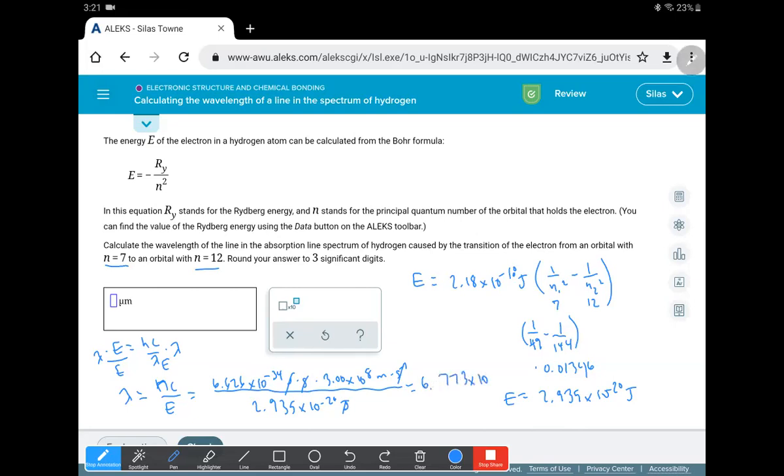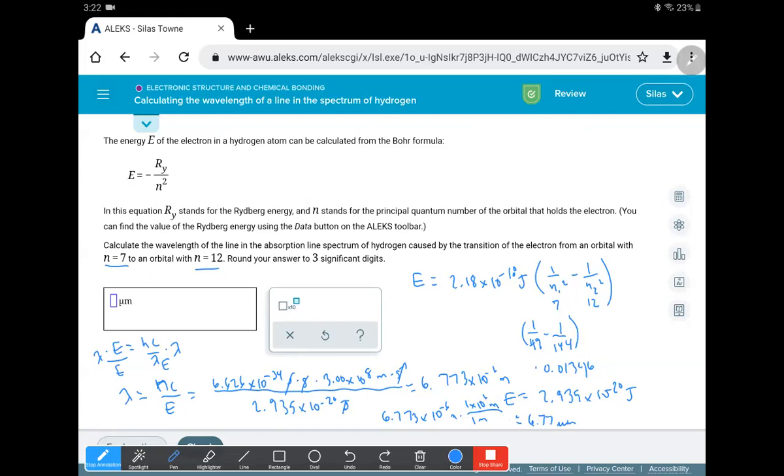6.773 times 10 to the minus 6 meters. Now a micrometer is 1 times 10 to the minus 6 meters, so I'm going to multiply that by 1 EE 6, and I get 6.77 microns.